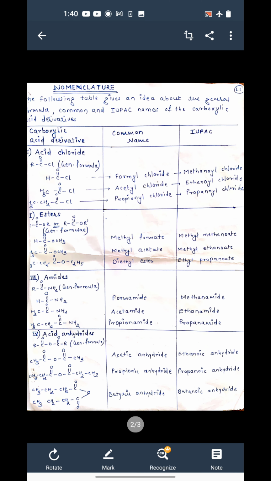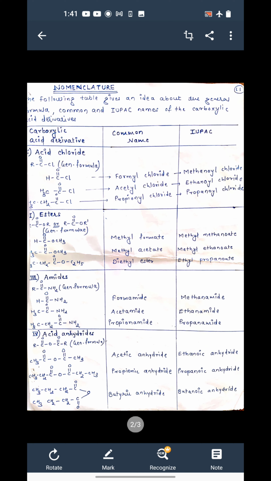Now we will see the nomenclature. First, for acid chloride: suppose we have HCOCl, this is an acid chloride. It is formed from formic acid, and the OH from formic acid gets substituted here by Cl.